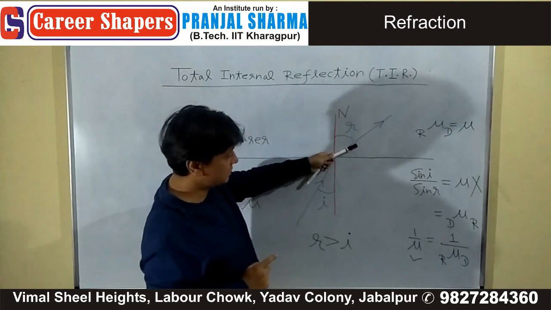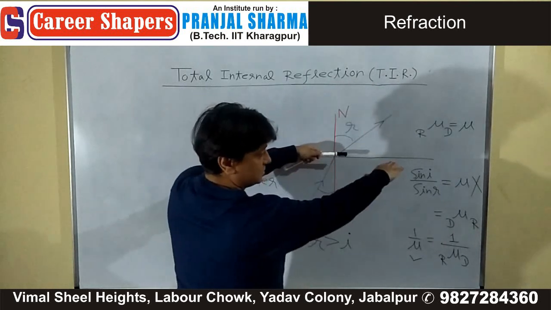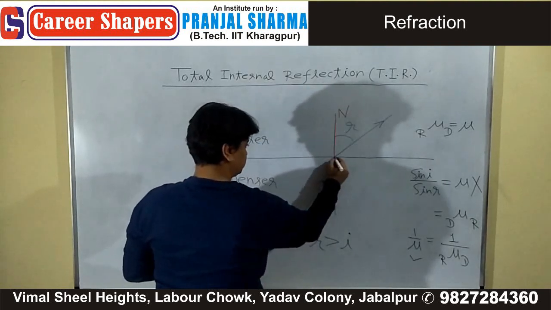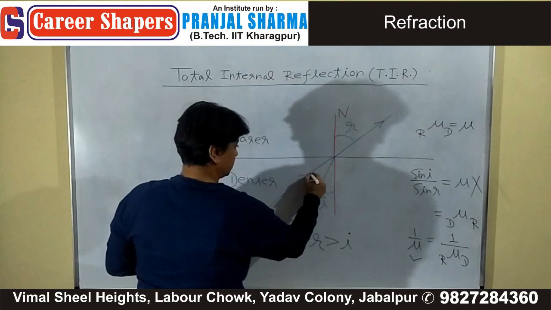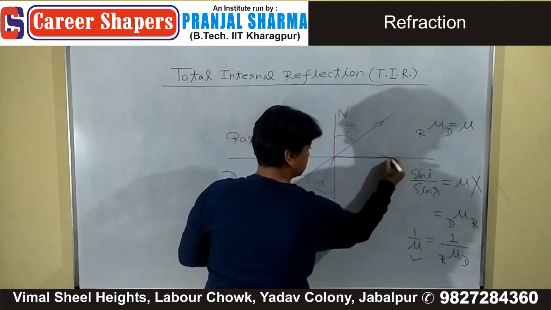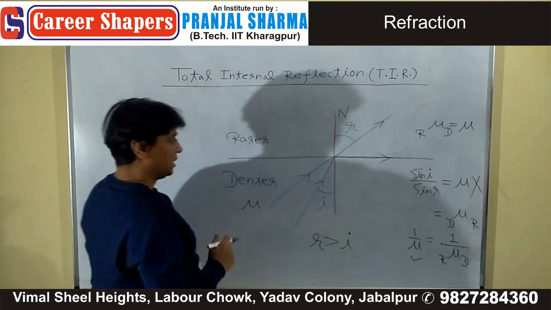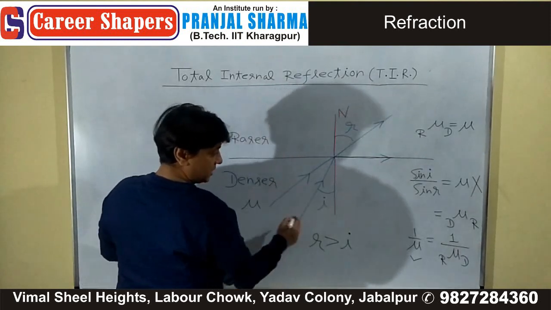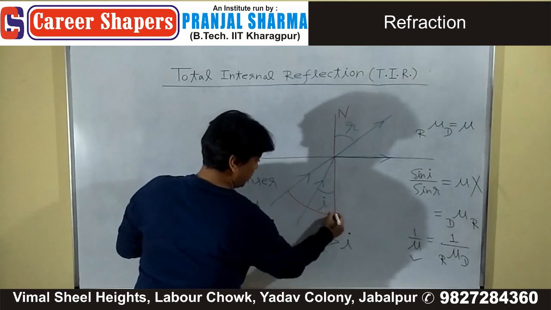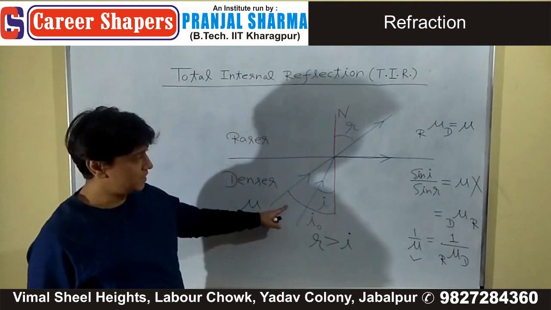At one point, the refracted ray becomes parallel to the interface. This, if you say, is the critical angle, let's call it i naught. This is the critical angle i naught.